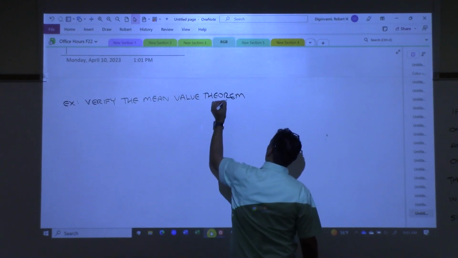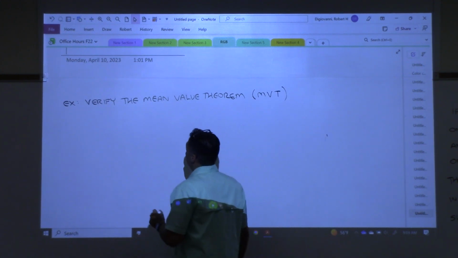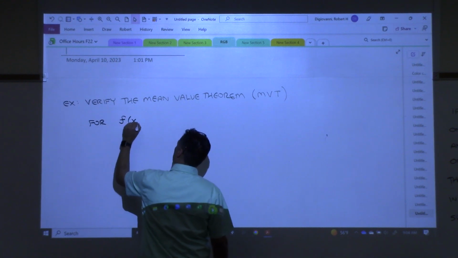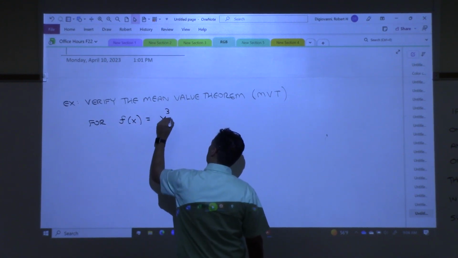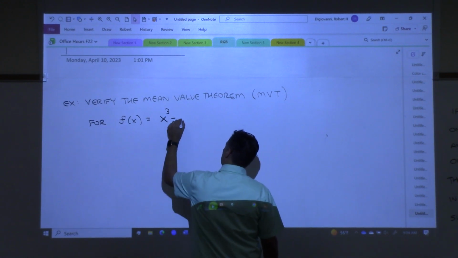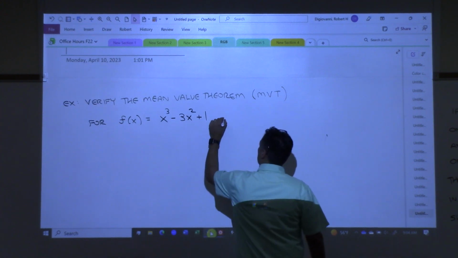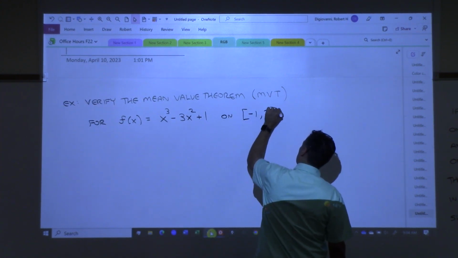I told you I would start abbreviating that MVT. Verify the mean value theorem for the function f(x) = x^3 - 3x^2 + 1 on the interval, let's go -1 to 2.